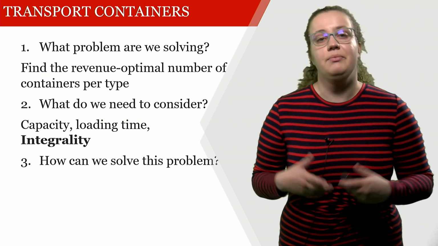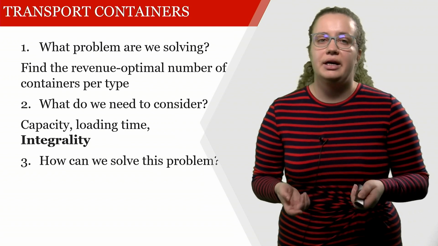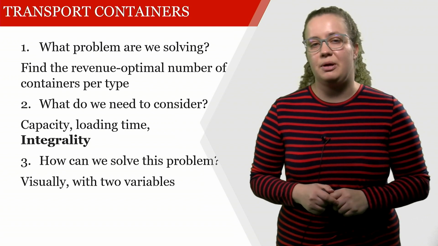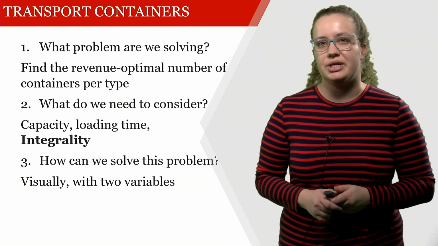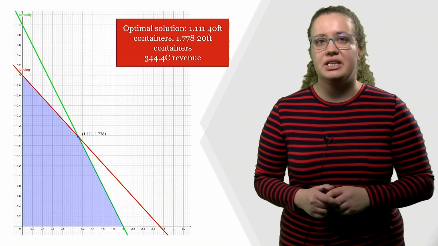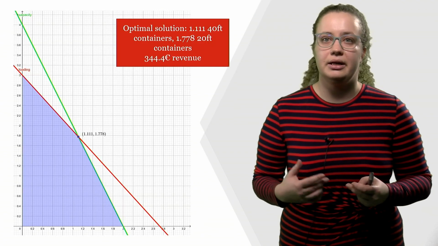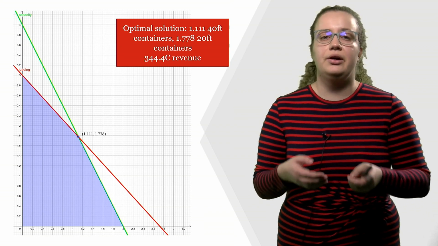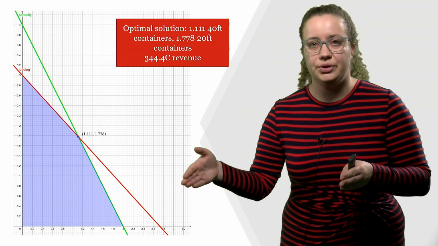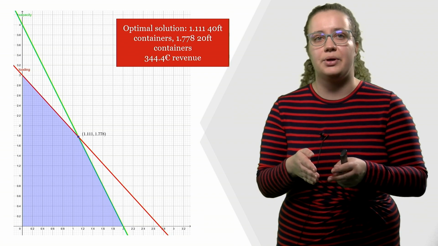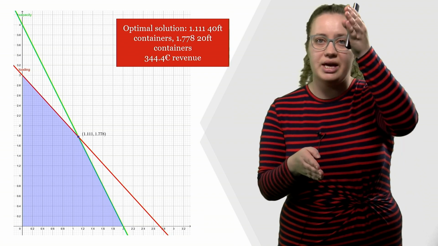And lastly, how can we solve this problem? We're solving this problem visually using two variables again. You've seen this case in the linear programming web lecture already. Here we have the number of 40-foot containers on the x-axis and the number of 20-foot containers on the y-axis.